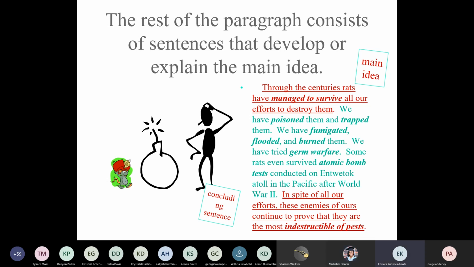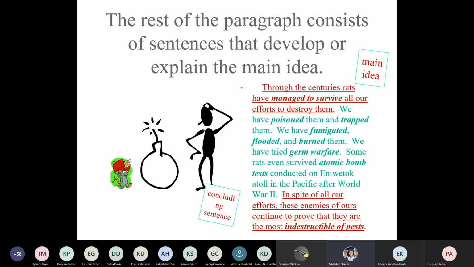Elvistina says rats invaded our country. Paris is saying the ways they tried to destroy the rats. Yes, thank you, Paris. You're the light this morning. Yes, you are correct. Because it says here, they managed to survive all our efforts to destroy them.